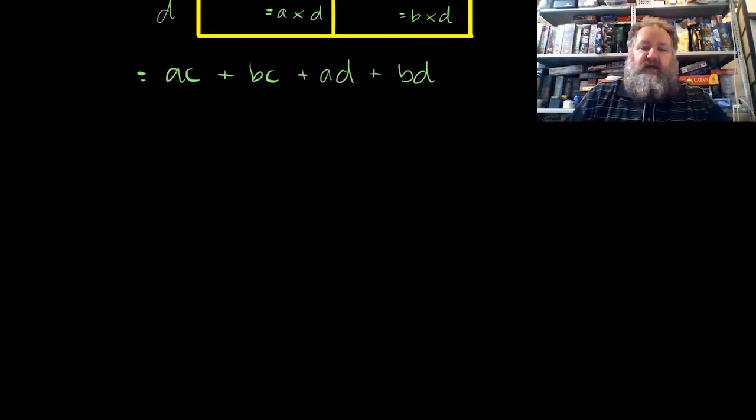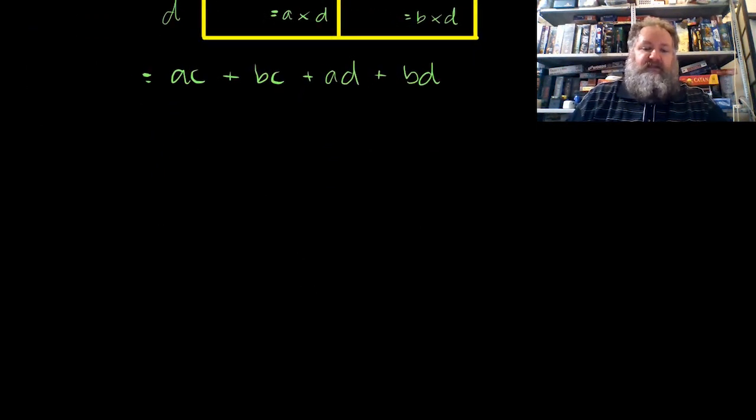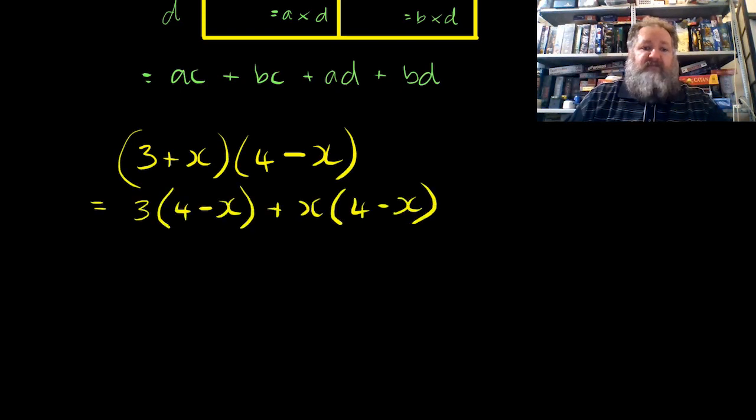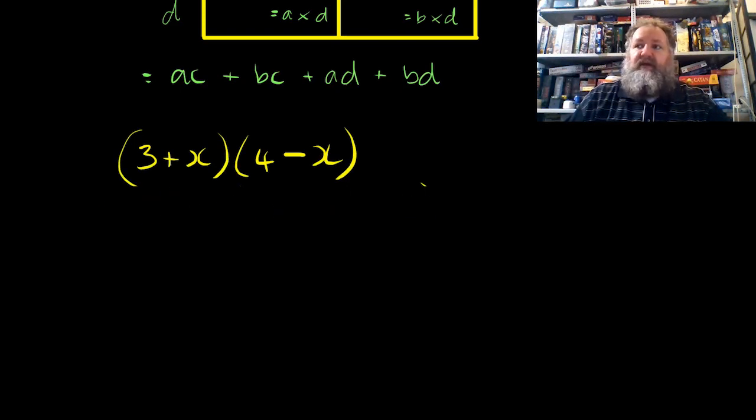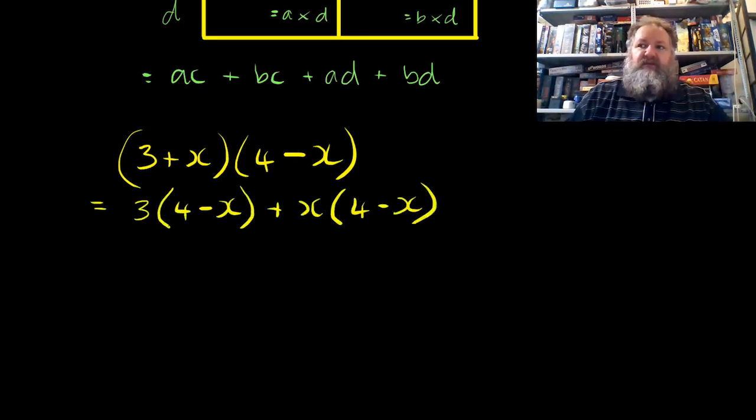Here we have another one of these pairs of brackets to be expanded out. So I start off the same, 2 sets of brackets being multiplied together, and you'll see that what I do is I actually break apart one of the brackets, like the first one I broke apart here.